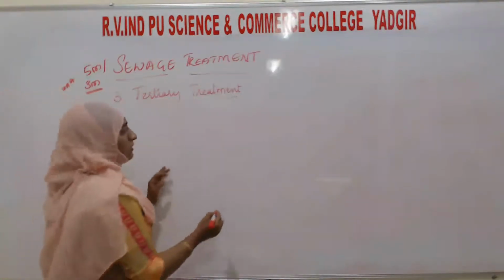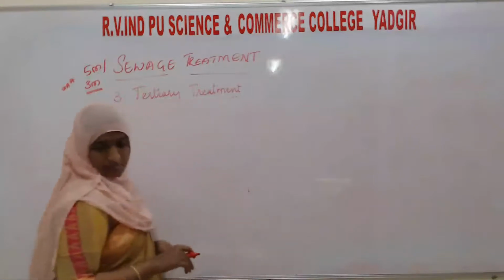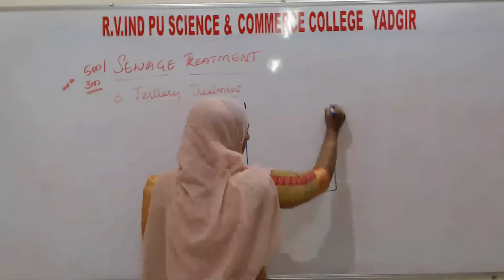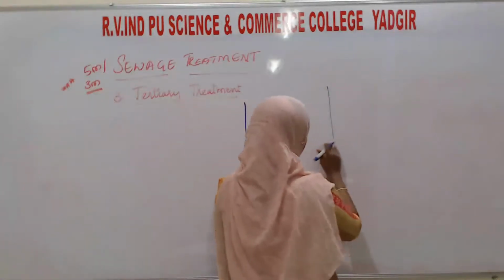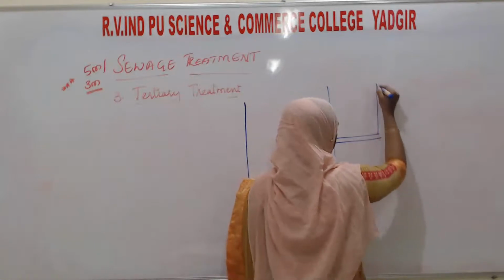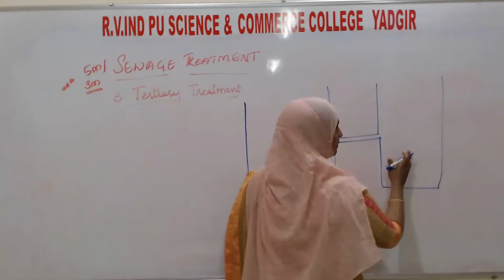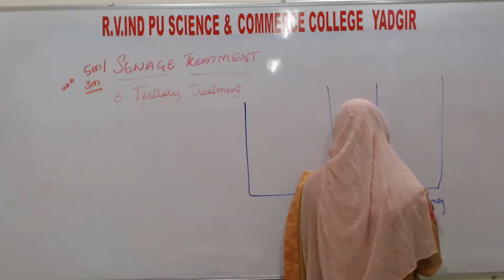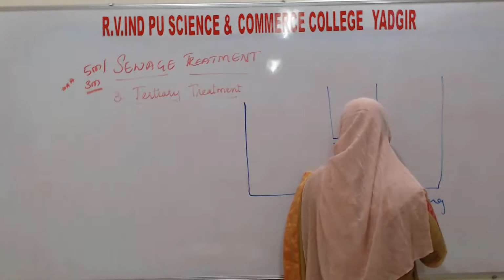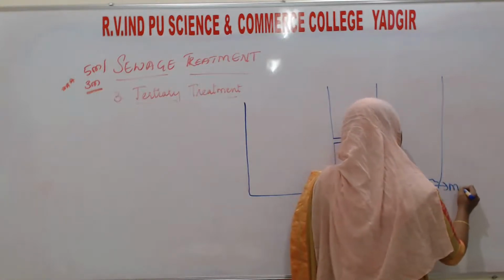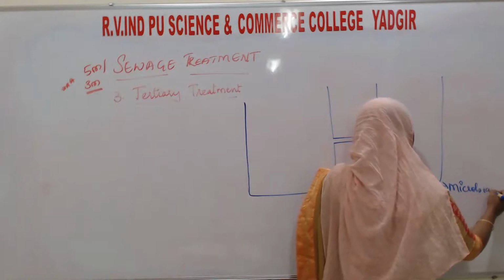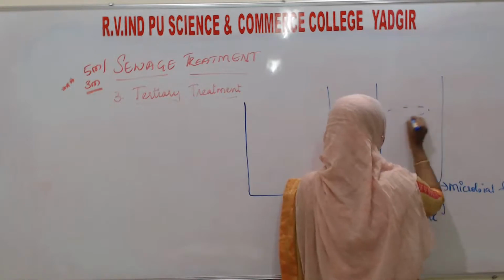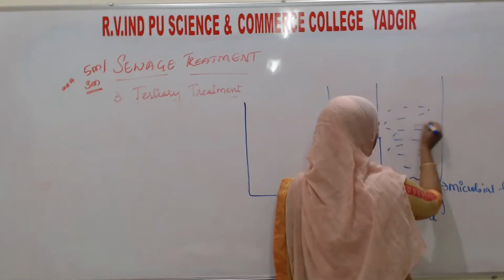These are the large tanks, in which this is the settling tank, where this is the microbial flocs, and this part is the effluent or the water.